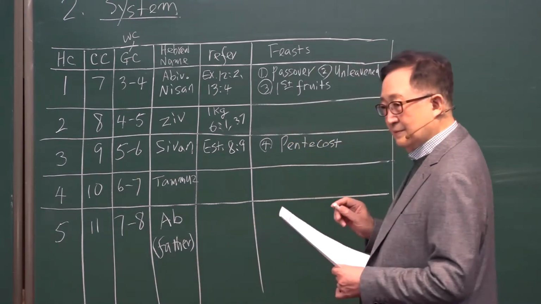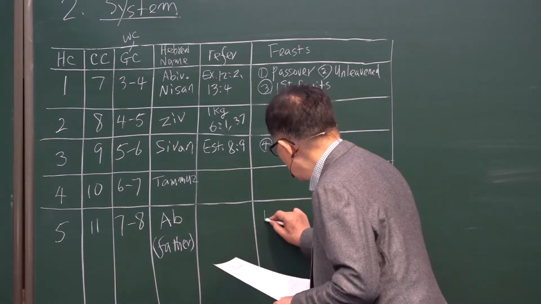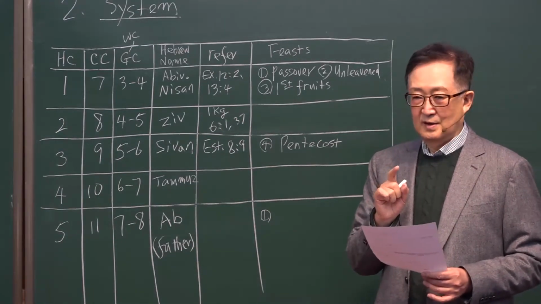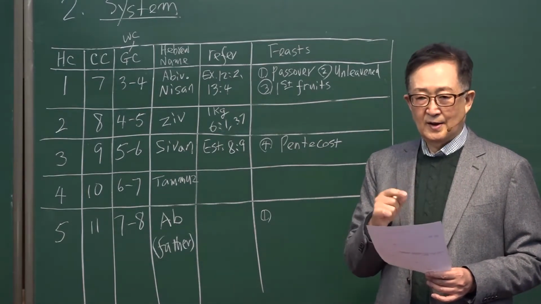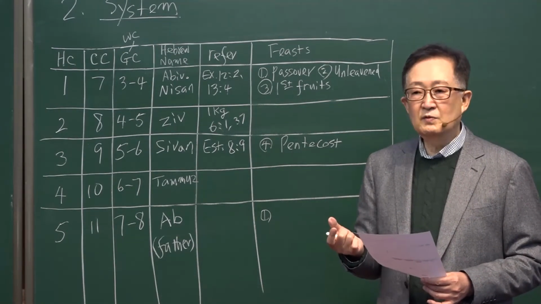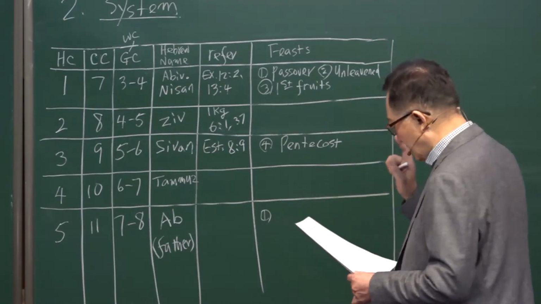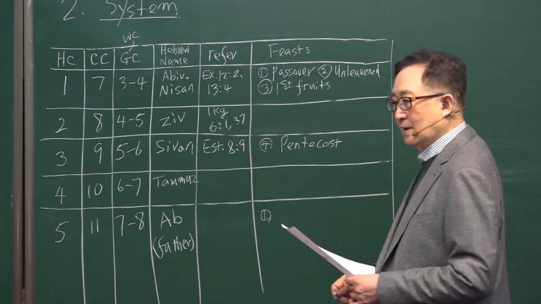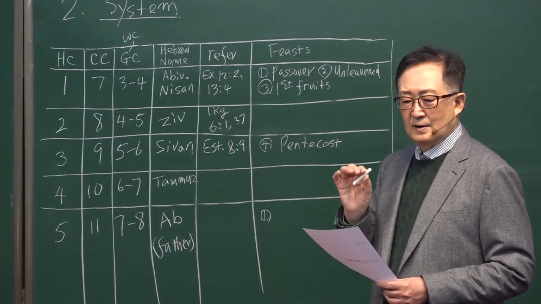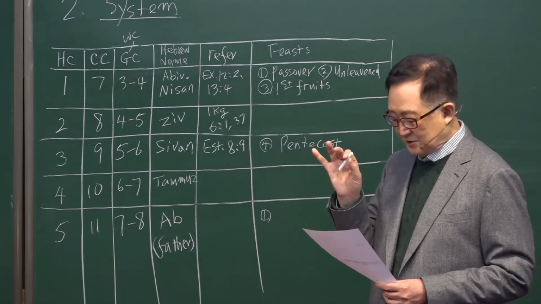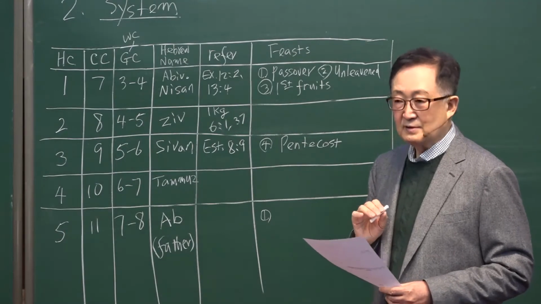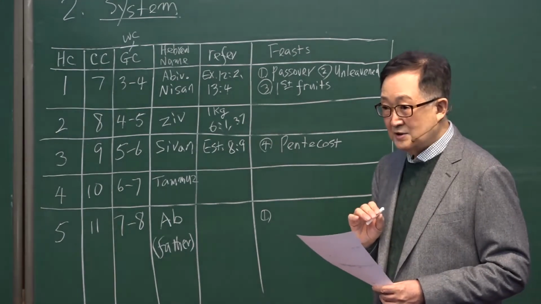But here, number one, this month is very, very seriously commemorated even today among the Hebrew people. Number one, on this day Moses sent 12 spies to the land of Canaan to investigate. Remember those 12 spies?